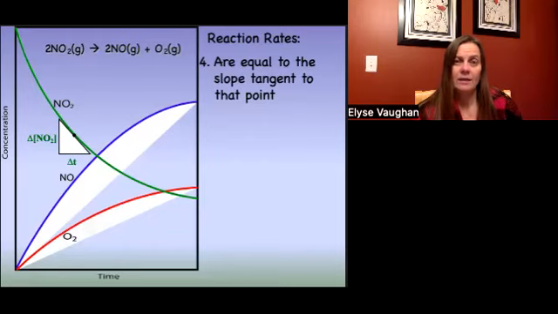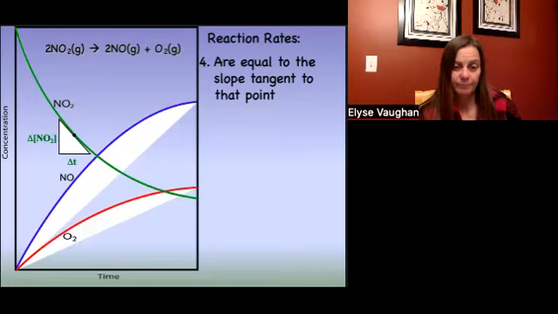So as the energy increases, as temperature increases, we're going to have more collisions. As we have more collisions, more of them are going to be effective. We are also going to have more of them that have sufficient energy to overcome the activation energy. So more collisions, more higher energy collisions is going to equal more effective collisions, is going to equal a faster rate.